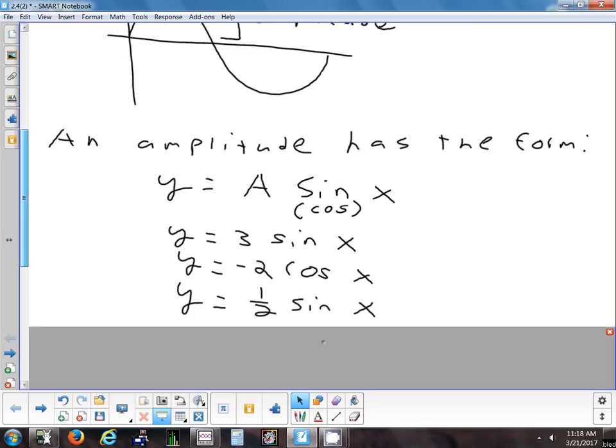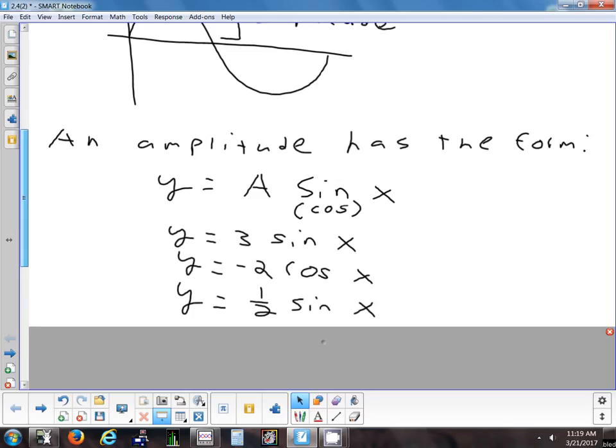When you put a negative number in front, there are two things that happen. If the negative wasn't there, it would just be taking the cosine function and making it twice as high. It would stretch it out. But putting a negative in front is going to do something else. Anybody know what putting a negative in front is going to cause to happen? Graham?